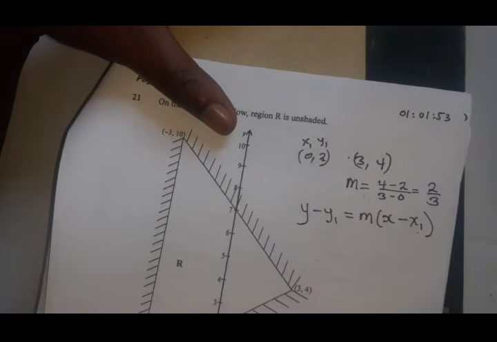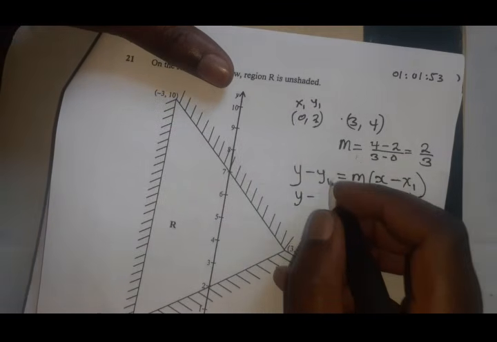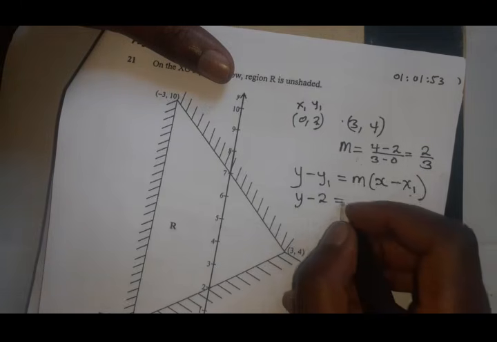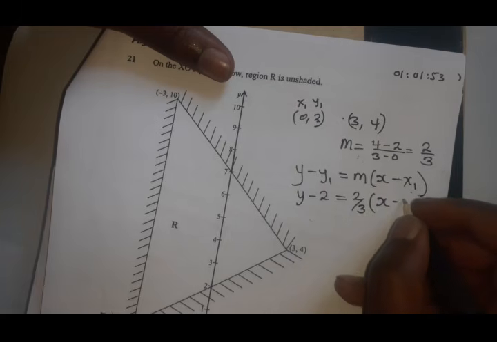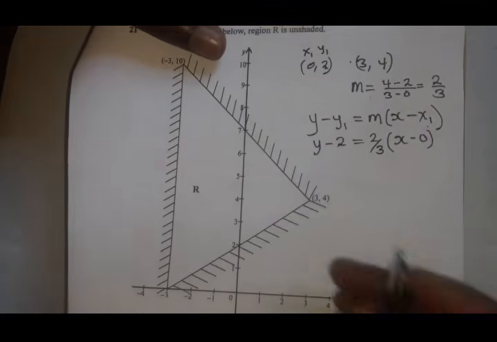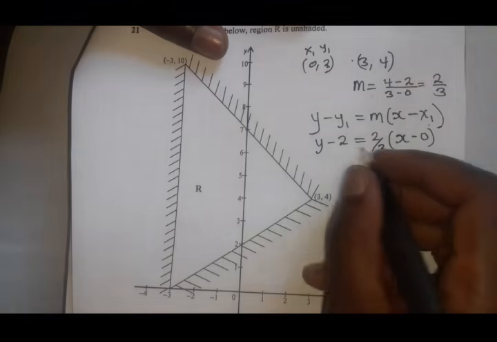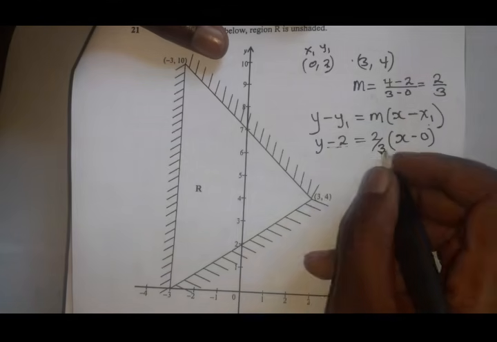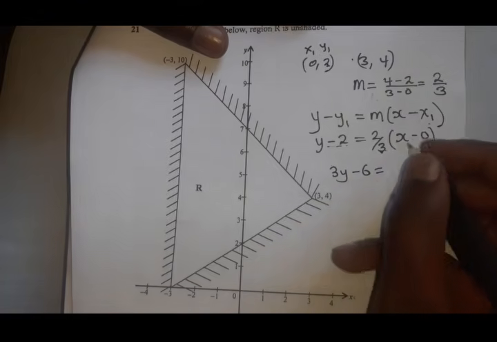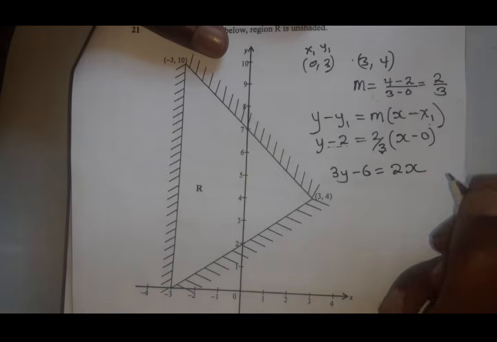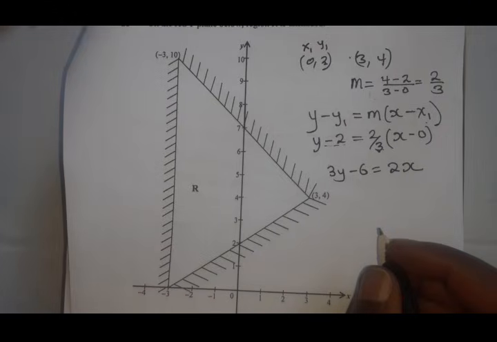So we can go on here and say y minus y1, which is 2, is equal to 2 over 3 times x minus 0. So at this point you can cross multiply. These 3 can multiply by 3. So this will be 3y minus 6 is equal to, the 2 will remain this side, so we'll have 2x because of the 0 there.